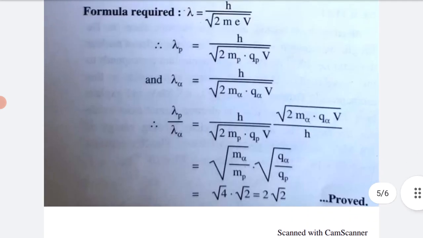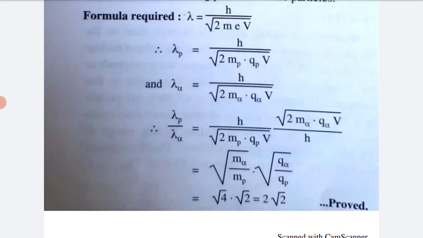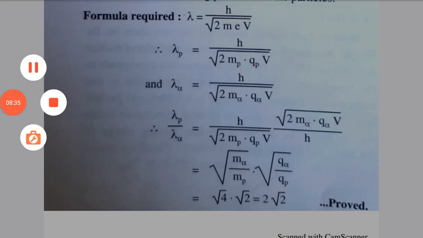Then under root 4 into under root 2 is equal to 2 root 2. Hence this proves it.